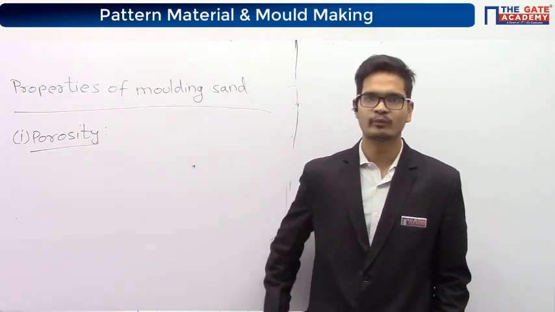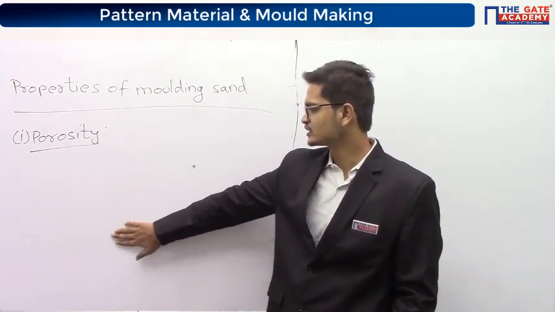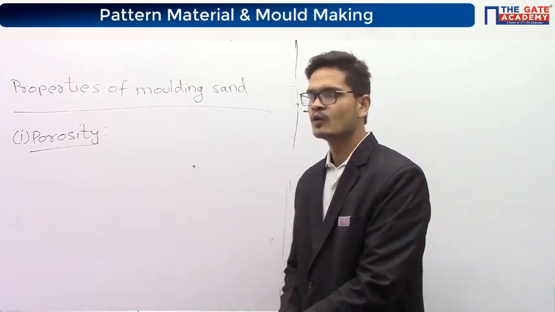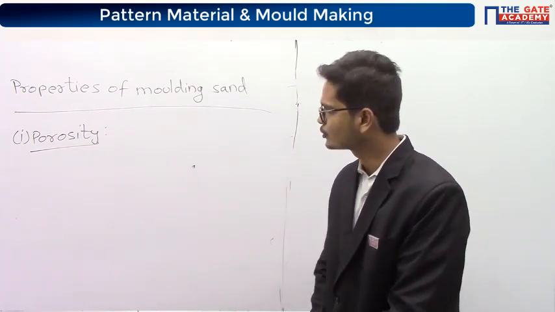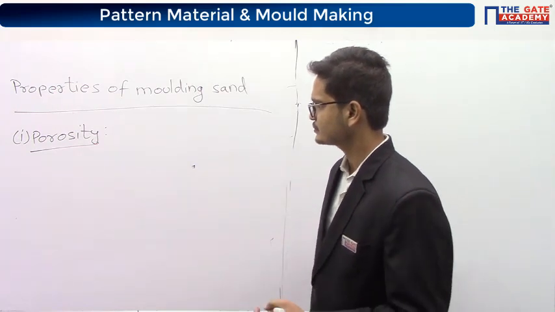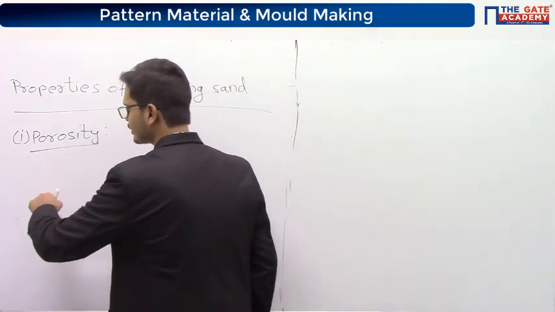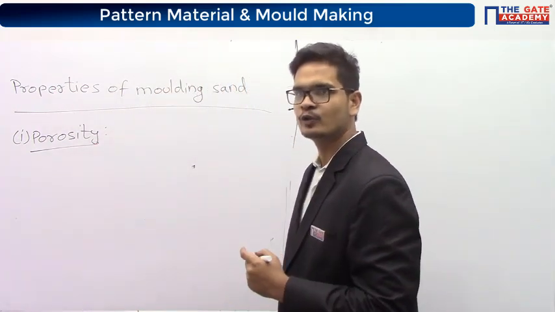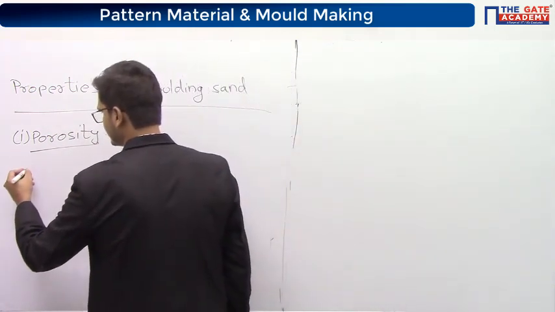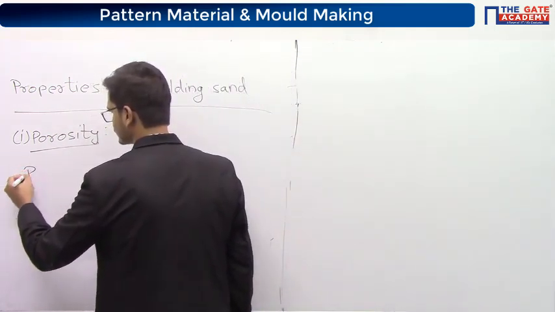Porosity is the property of the molding sand to allow the gases or air to escape. Now, how do we check the property of porosity? For measuring the porosity of a sand, we use something called porosity number or permeability number.